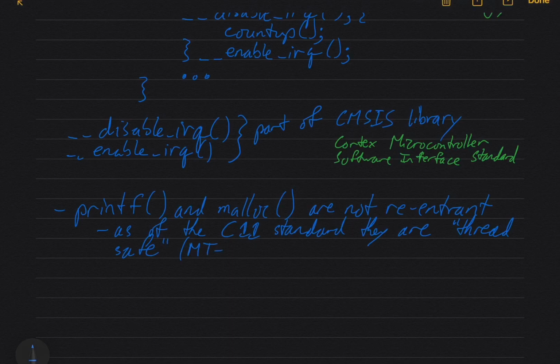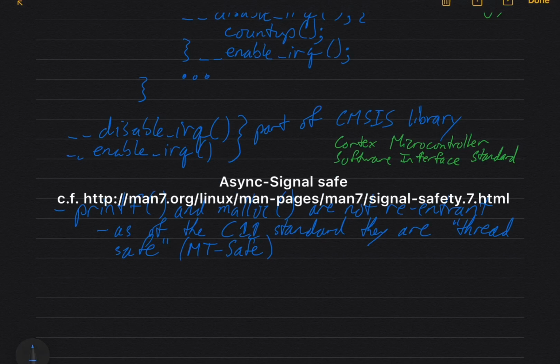If you look at the documentation on printf and malloc, it will state if it's MT safe or multi-threaded safe, or the other one is asynchronous. I forget, asynchronous something safe, so AS safe or something like that. Anyway, so if it's truly reentrant, it would be async safe. It's not.